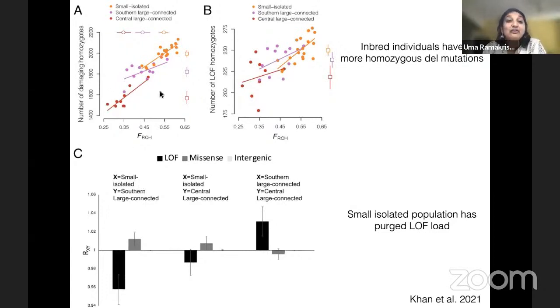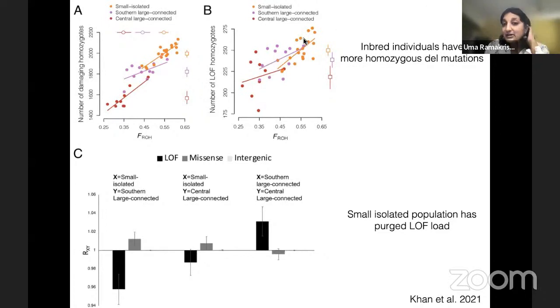And this is irrespective of population. That is, irrespective of the color of the dots, there is a positive correlation. So more inbred individuals also have more damaging homozygotes. Given that most damaging recessive alleles are homozygous, this means that there could be inbreeding depression in inbred individuals. Okay, I hope that's clear.